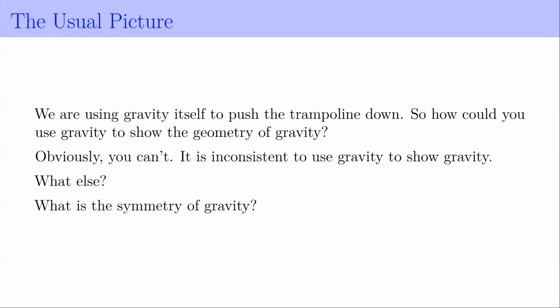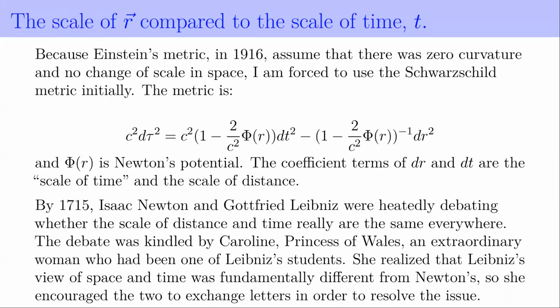So if this were actually an accurate picture, you should be able to turn it upside down and it should work just as well. And it doesn't. If you turn it upside down, the bowling ball is going to fall out and the trampoline is going to be flat. So, I mean, it's just crazy.